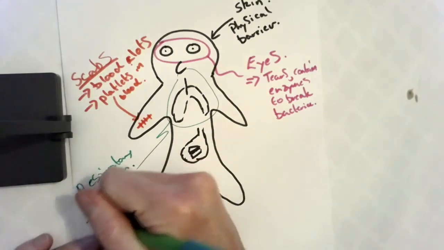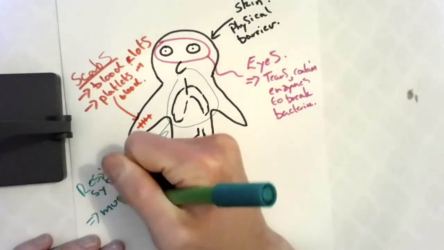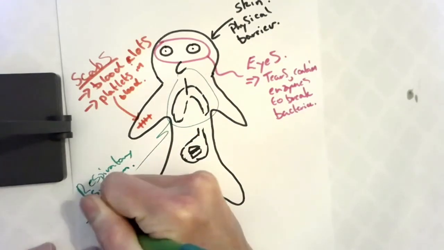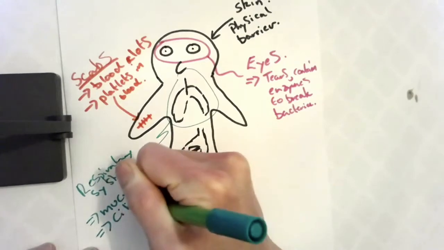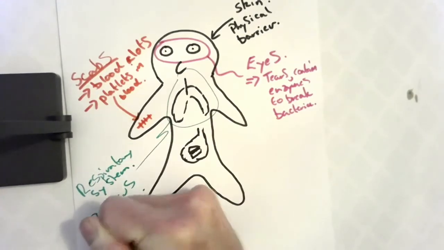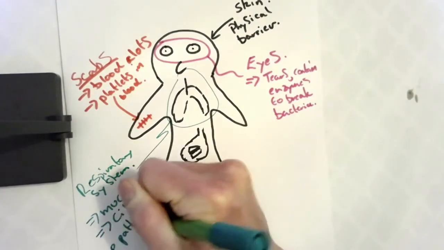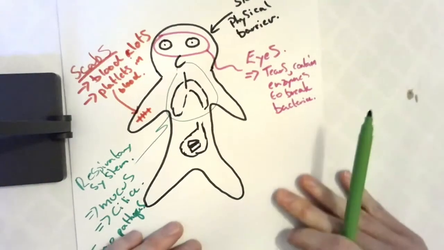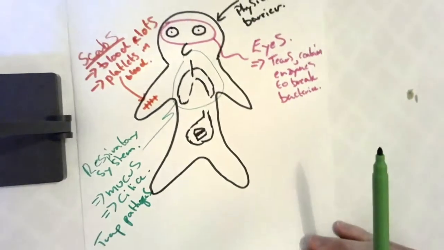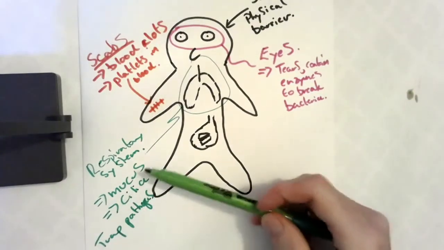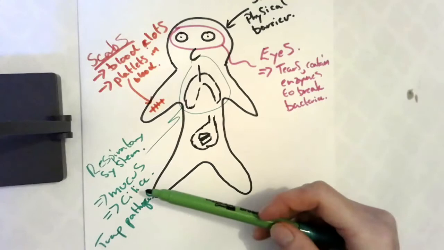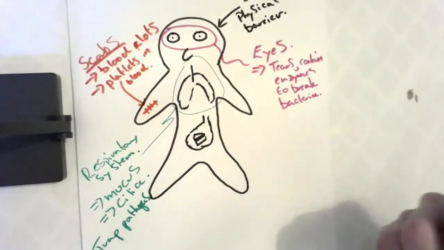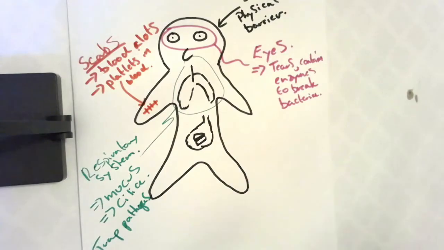They are covered in mucus, is one, and thin hairs called cilia. And both these things trap pathogens. So pathogens that get into your nose, get into your respiratory system, should get trapped by mucus, they get trapped by these hair-like things called cilia, and they don't get into your body.